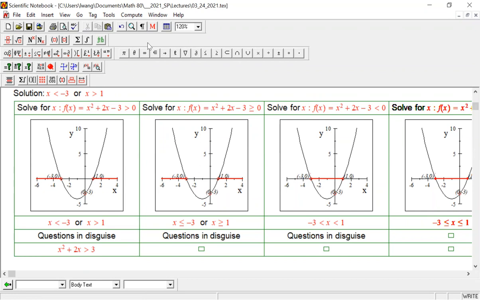It could be x squared plus 2x greater than or equal to 3, and it could also be less than 3 or less than or equal to 3. All of these can be questions in disguise, but we transform them into the form of 19, 20, 21, 22, right?